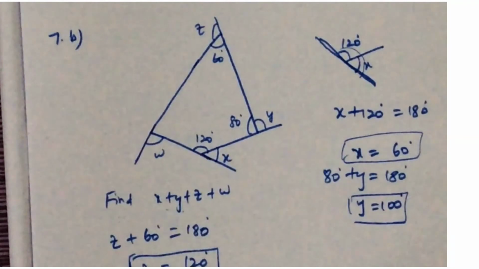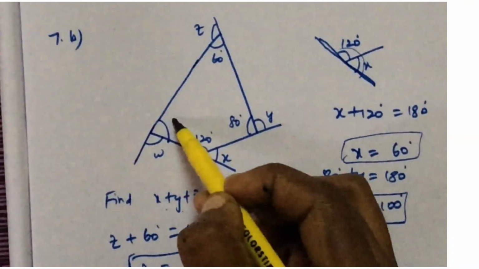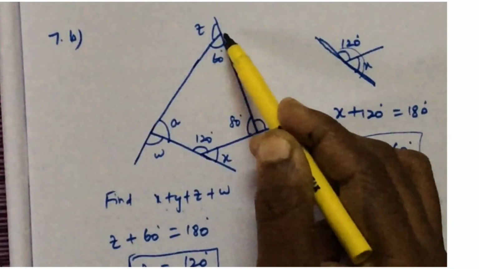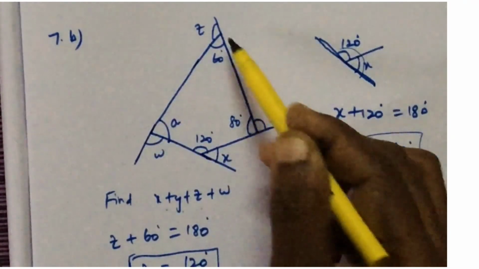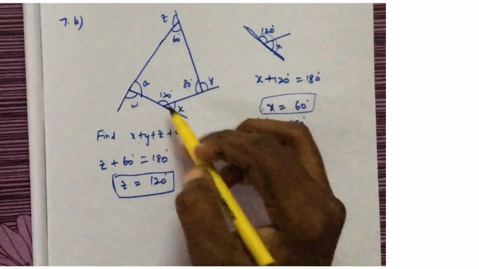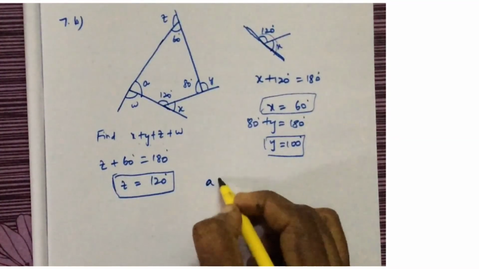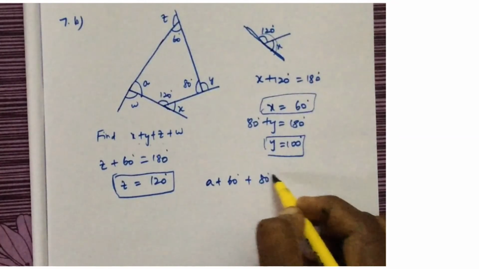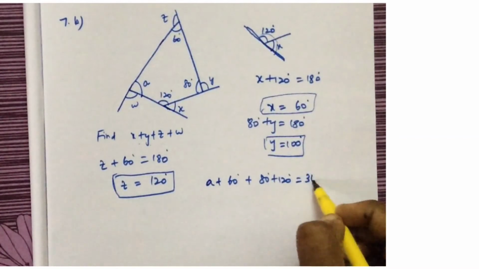The last one is W. For W, the other side is not given, so let me take it as A. This is a quadrilateral with 4 sides: 1, 2, 3 and 4. In a quadrilateral, if you add all the angles together, it should give 360 degrees. So angle A plus 60 plus 80 plus 120 should give 360 degrees.